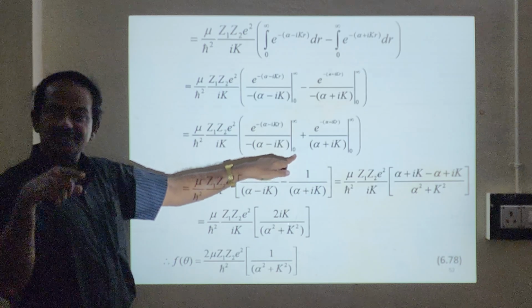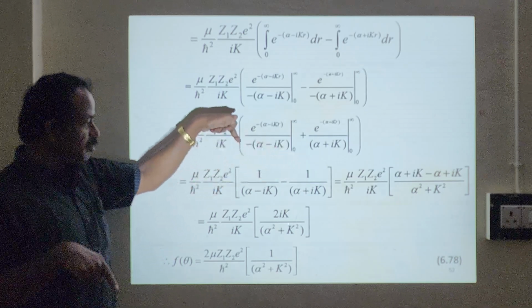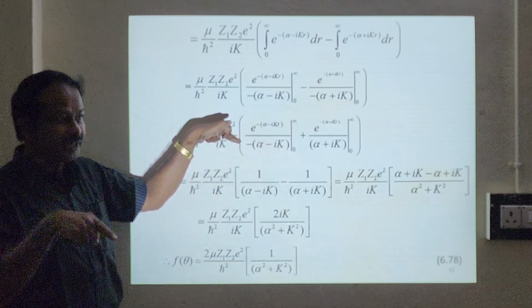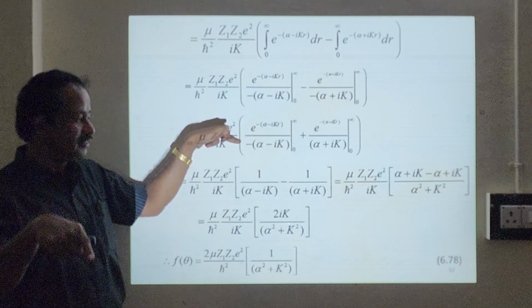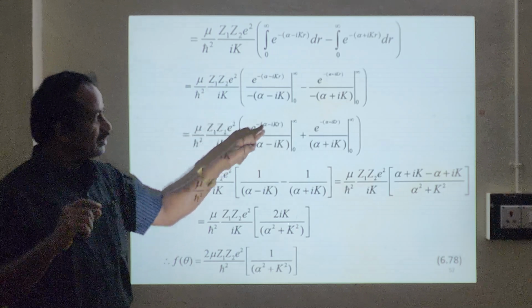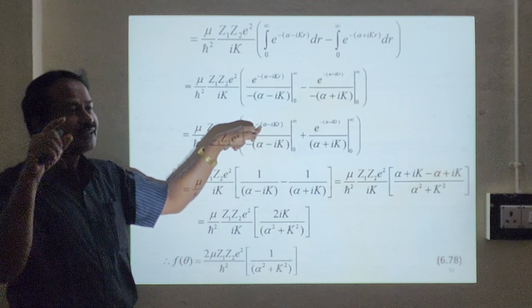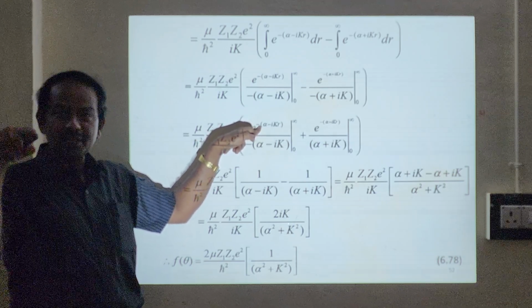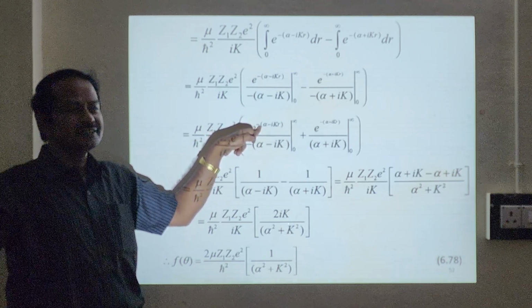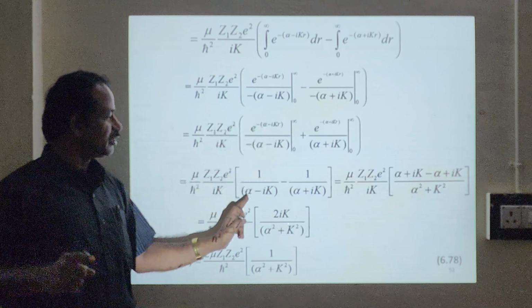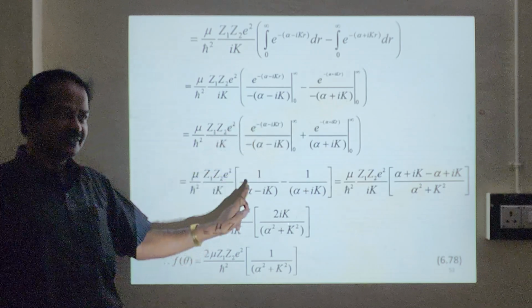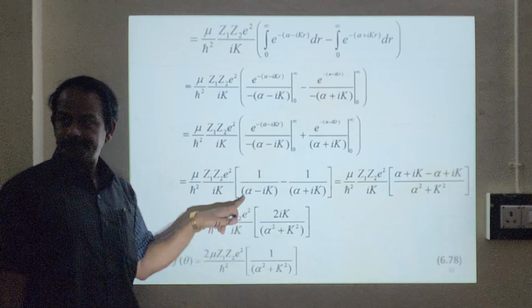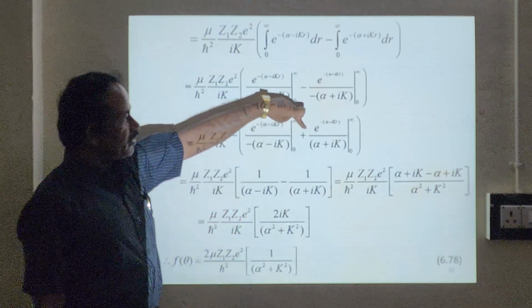Now we go for the lower limit. Already one minus is there, one more minus, so minus minus plus. Of course you have to substitute e power minus 0, 1 by e power 0. Anything to the power 0 is 1. So 1 divided by alpha minus ik. Is it okay, everyone?